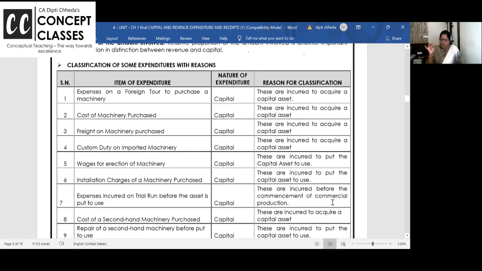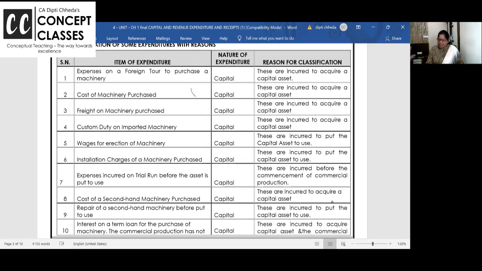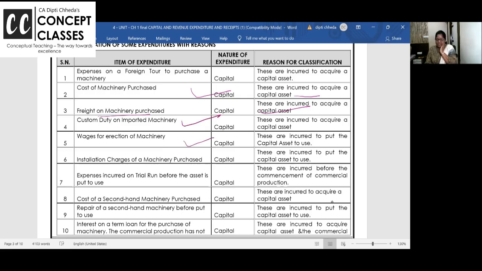So this is a list. Now this is for you to read at home and come with your doubts. I'll just introduce some of them. Cost of the machinery, capital, because an asset is coming in. Freight on the machine, capitalize. All the expense incurred till you bring the machinery in as an asset, capitalize. Custom duty, capitalize. Wages, installation expense, all capitalize.